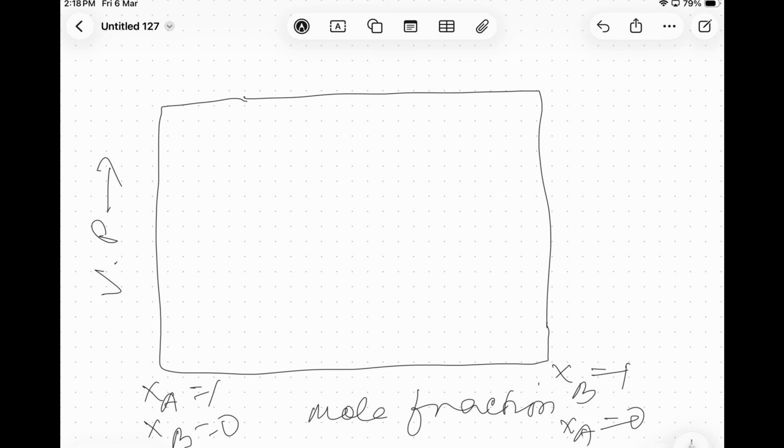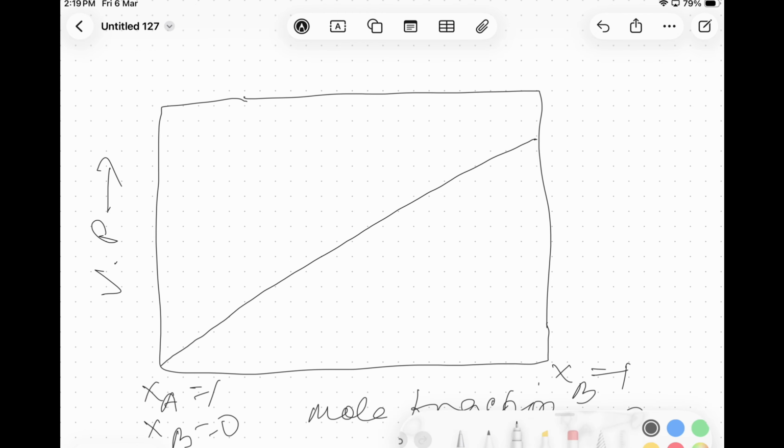As mole fraction decreases, vapor pressure also decreases. So for component B, the graph will be like this, but it is the expected graph.